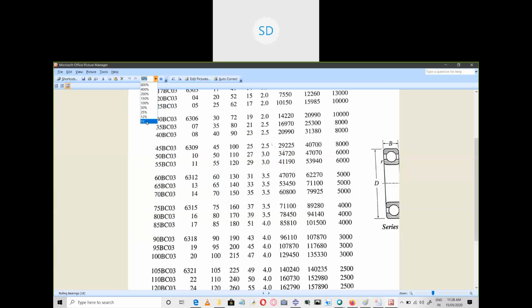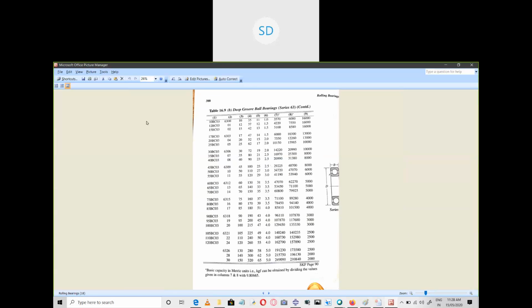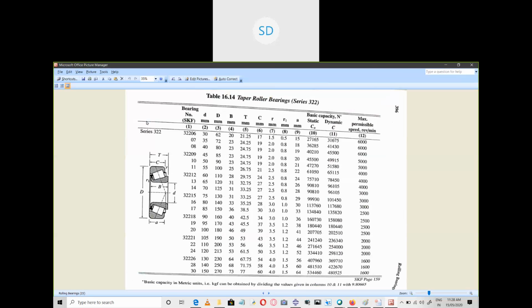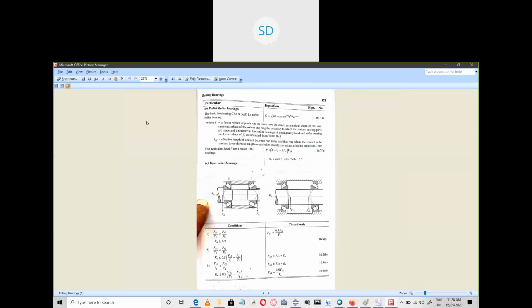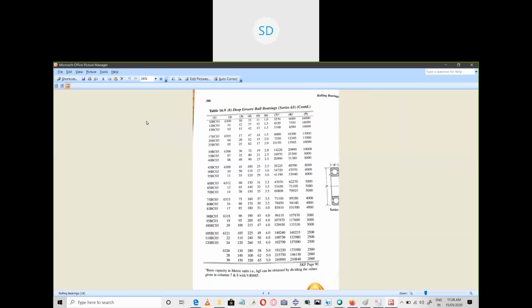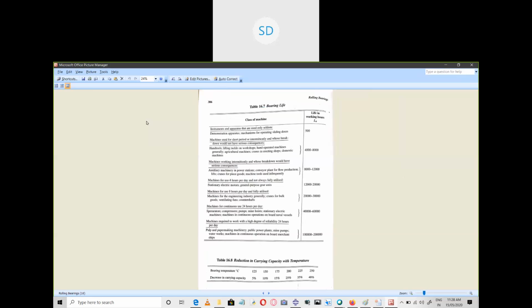Select value of X and Y. Table number 16.3.